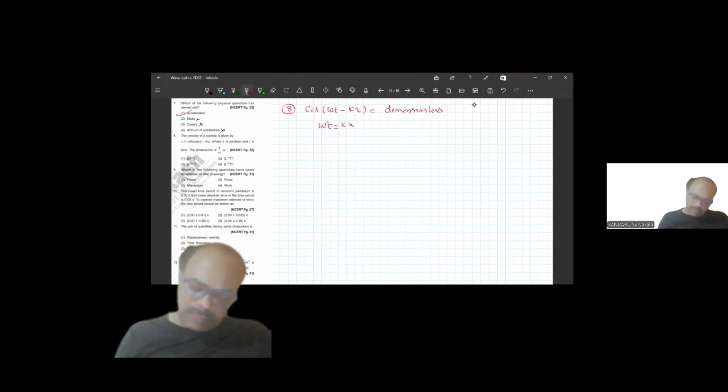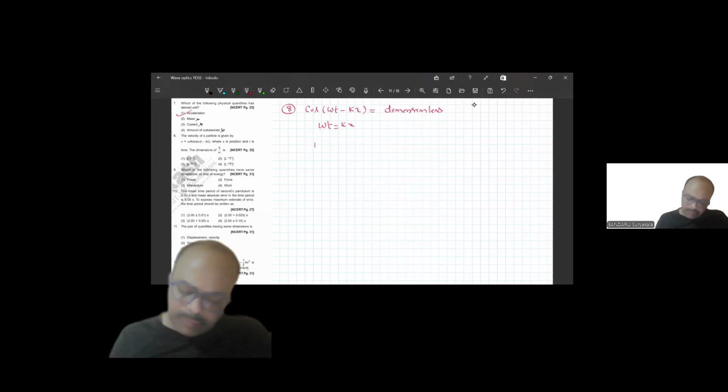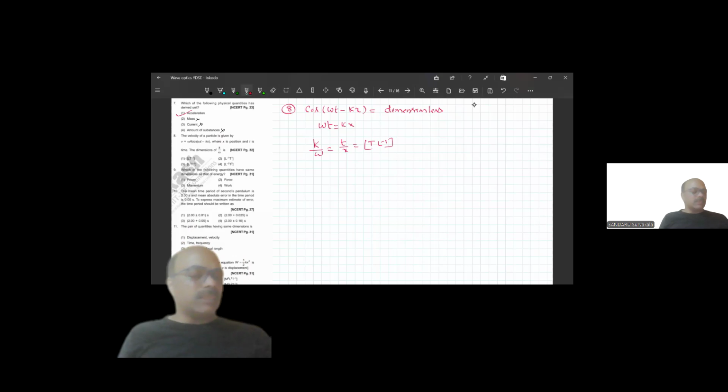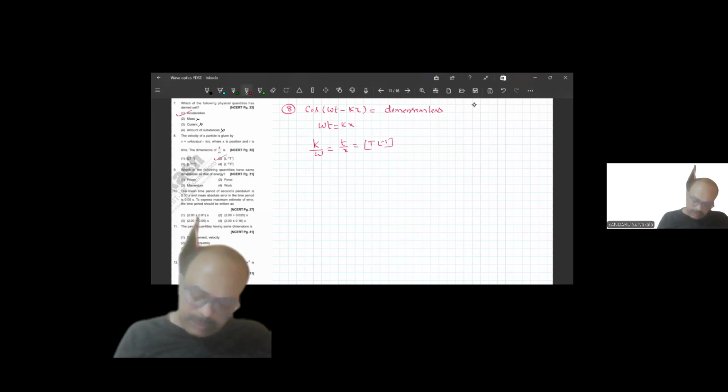In the problem they ask k by omega. So k by omega equals t by x, which means T L power minus 1. So option 2 is the correct answer.